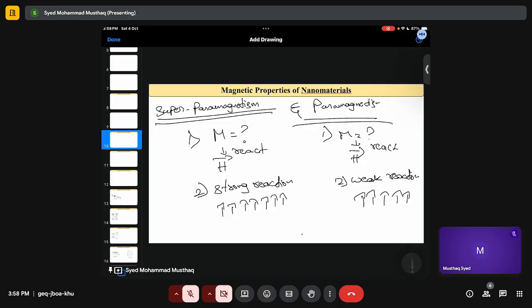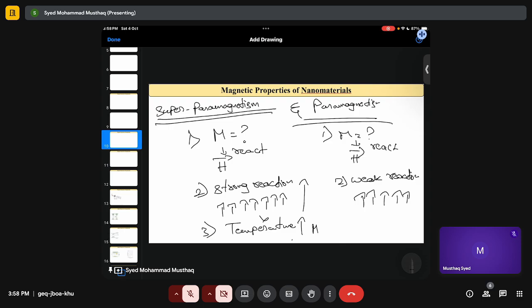now the differences start. Now I try to increase my temperature. If I increase my temperature, everything will get destroyed.